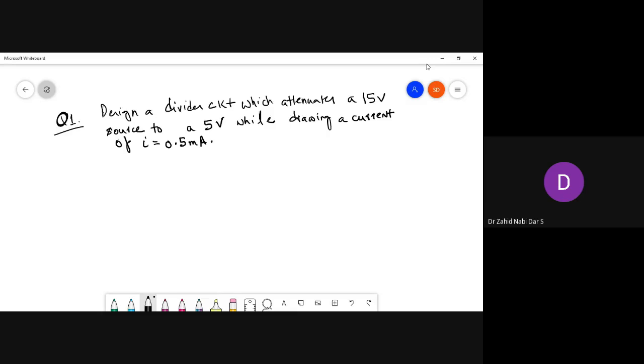Can you do this? See, what I'm asking is, you have to design a circuit which attenuates a 15-volt source to a 5-volt source. So what does that mean?